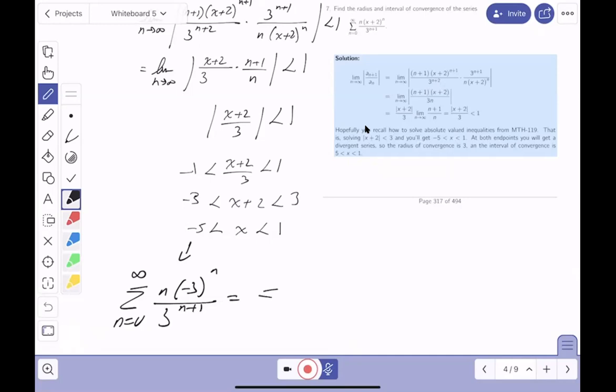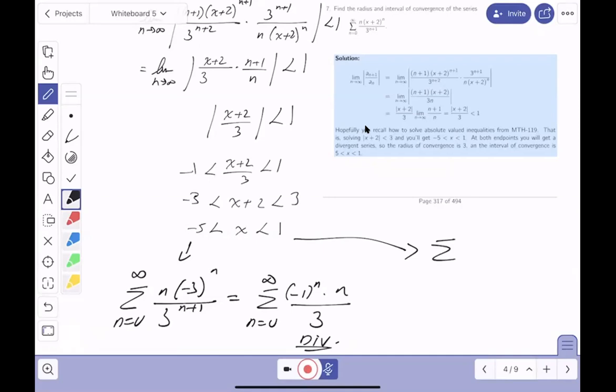Well, I'm going to simplify that guy. That's not so bad to do. That's the sum from n equals 0 to infinity of (minus 1) to the n times n, and you get 3 in the bottom. Well, that's clearly divergent. Let's try the 1. This is divergent, by the way.